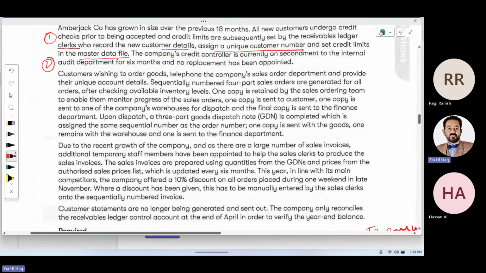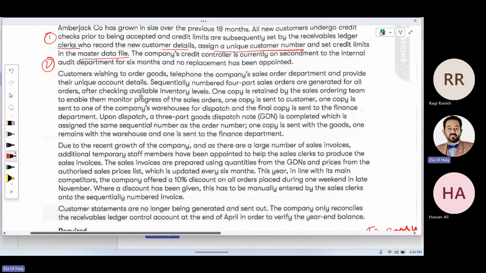Customers wishing to order goods telephone the company's sales order department and provide their unique account details. Sequentially numbered 4-part sale orders are generated for all orders.